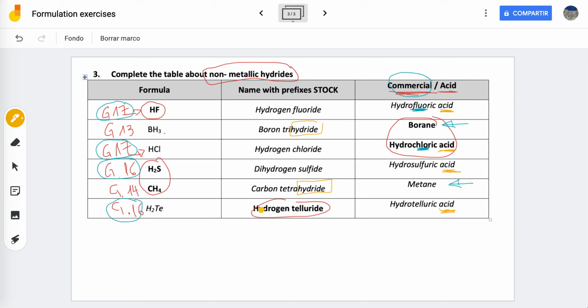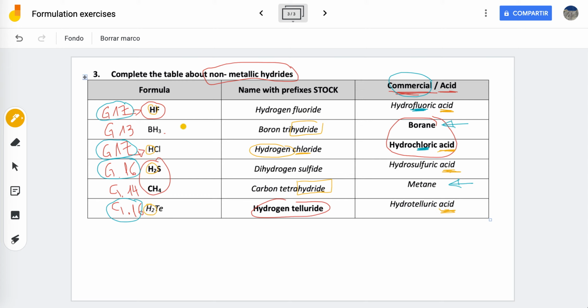But group 17 and 16 are different. We don't use hydride, we use chloride at the end. We put hydrogen at the beginning, because here it is at the beginning, and here, and here.